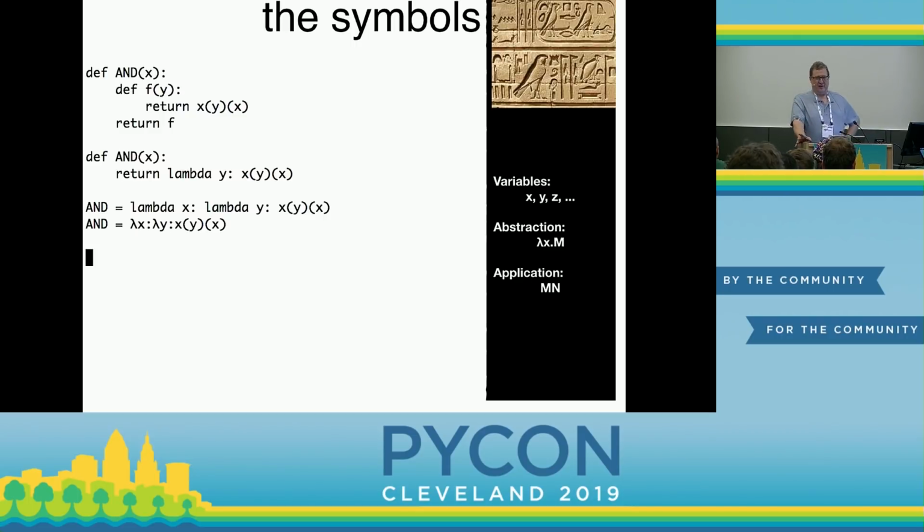You can start asking questions like, can you take it even further than that? And the answer is yes. One of the things you could do is look at parts of this where, if you have two lambdas in a row like that, you could just write it as one.